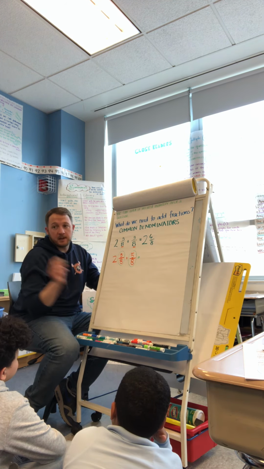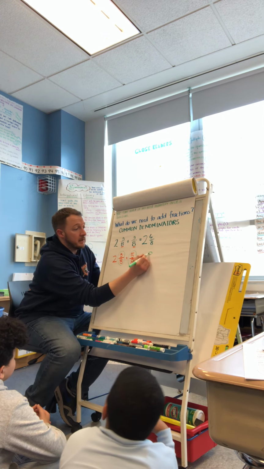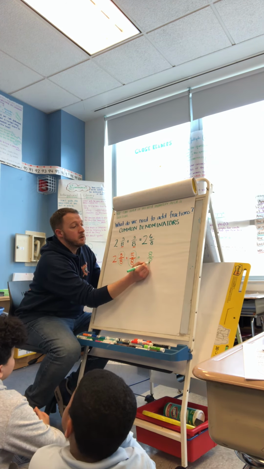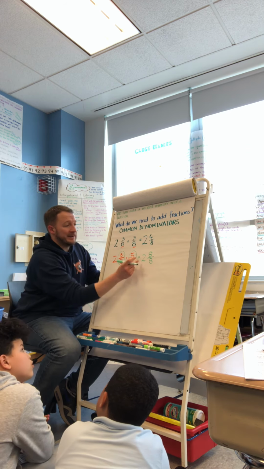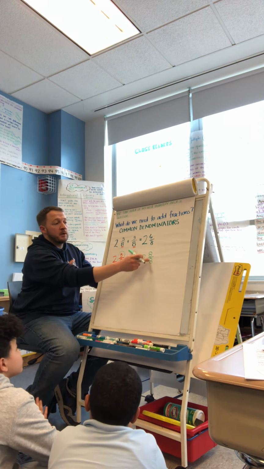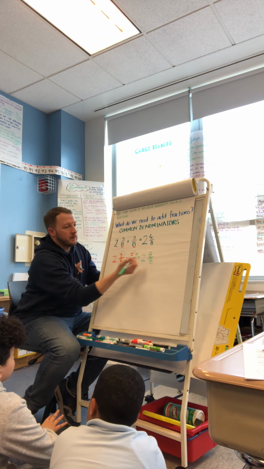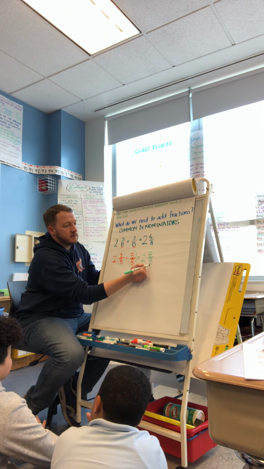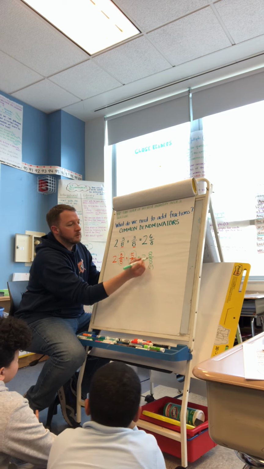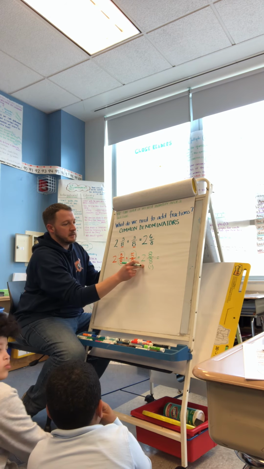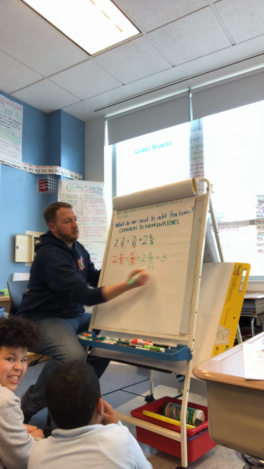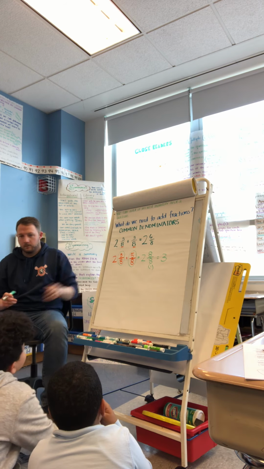How many eighths is that, Miguel? 8. That's 8/8. So now we'd have 2 and 8/8. But what do we know about 8/8, Jeremiah? That it's one whole, so if you add it, it's going to be 3. Yeah. So this is really one whole. So this really 2 8/8 equals 3. 3 wholes. Okay.